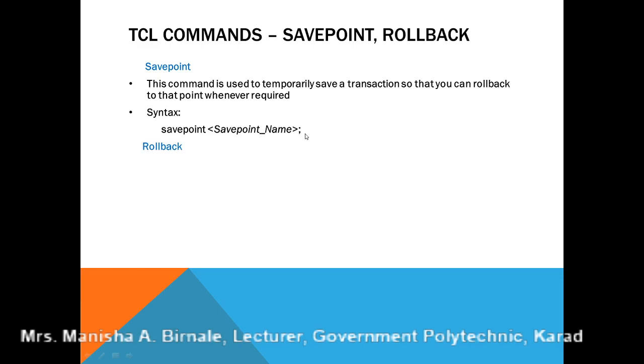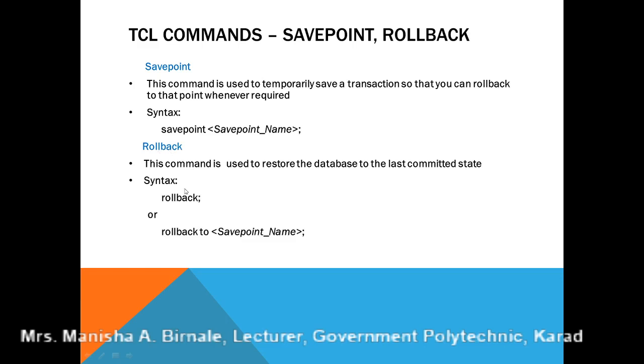And third TCL command is rollback command. This command is used to restore the database to the last committed state. Means after last committed state, suppose you have done some changes in the database and now you want to undo those changes, then it is possible with the help of rollback command.